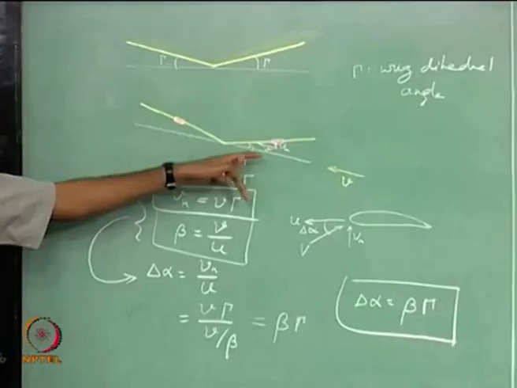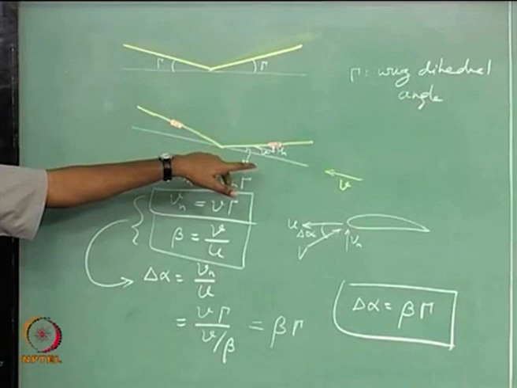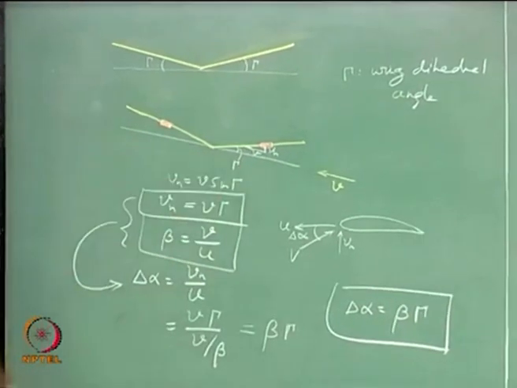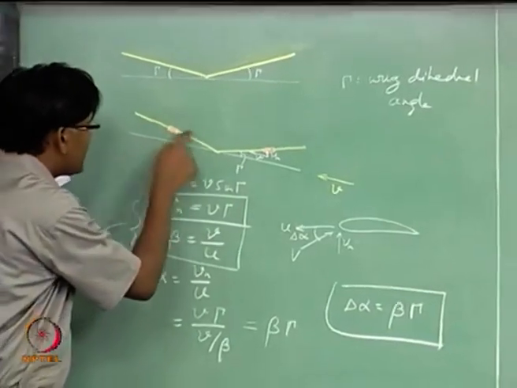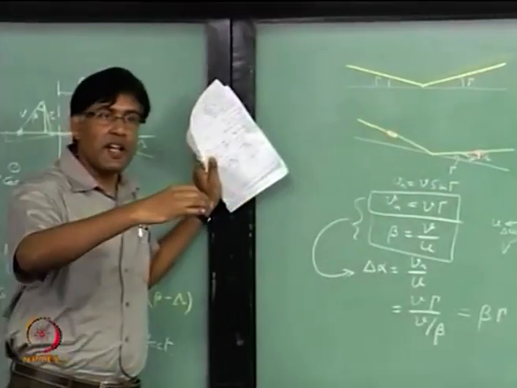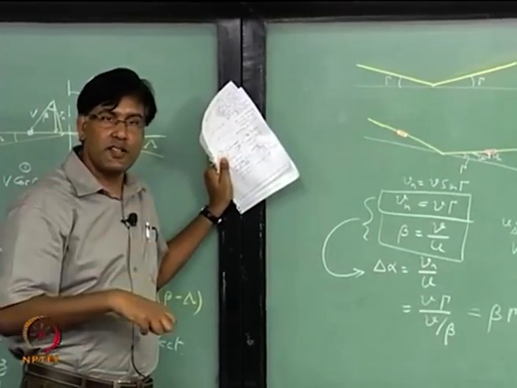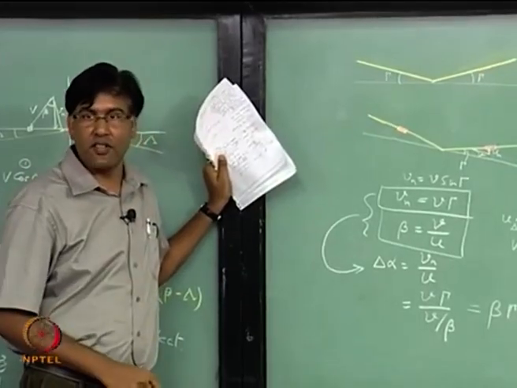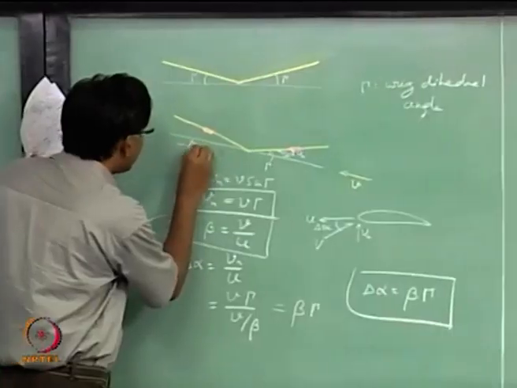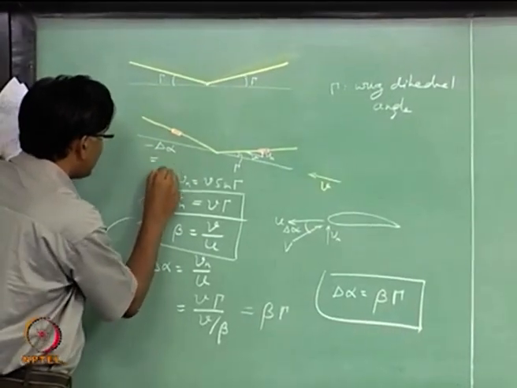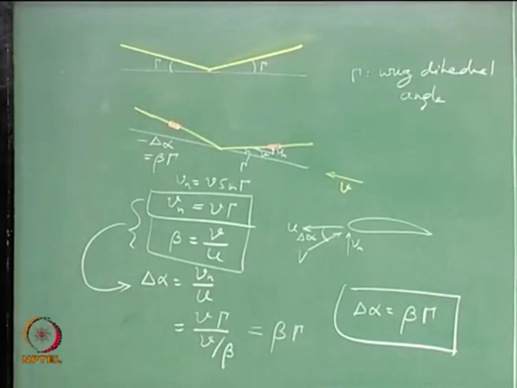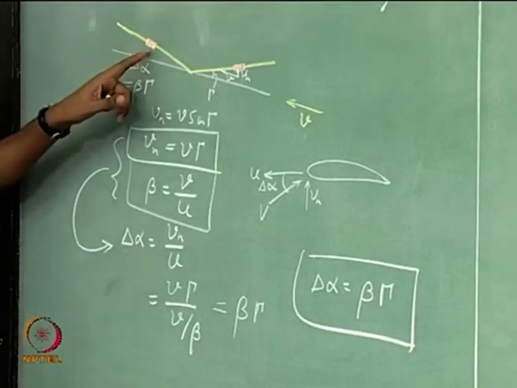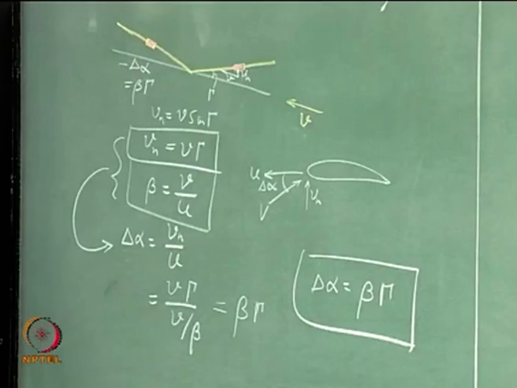On the side of the wing which is going down, now for the same reason, the wind that you see on this section, because of side slip, is going to introduce a change in angle of attack which is negative. So minus delta alpha here, which is again this. So change in angle of attack on this side is negative, and because of that there is going to be a reduction in lift.